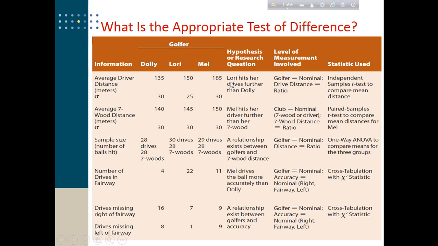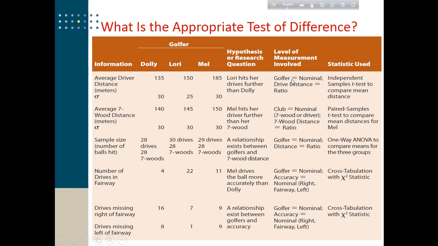Now if your hypothesis is that Laurie hits her drives farther than Dolly, what you will be testing is if the average distance of Laurie is different from the average drive distance of Dolly.